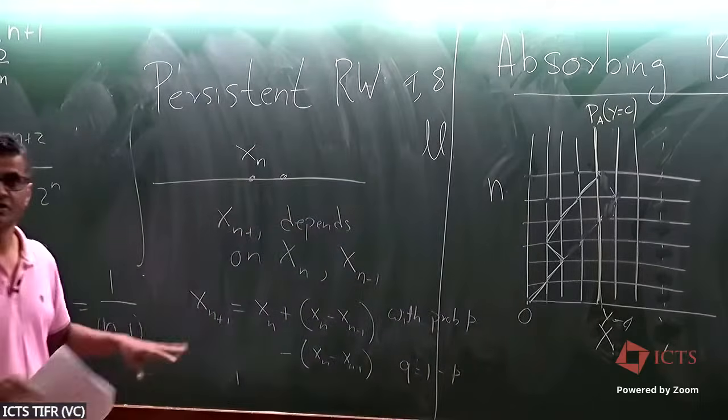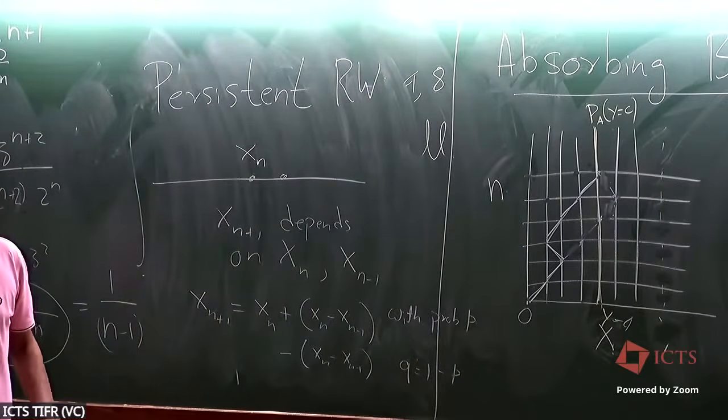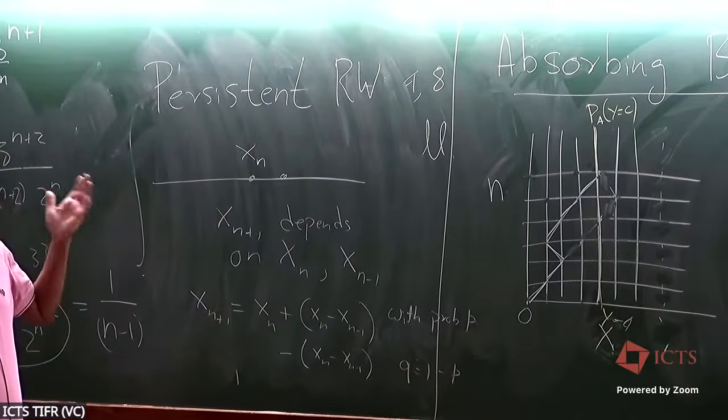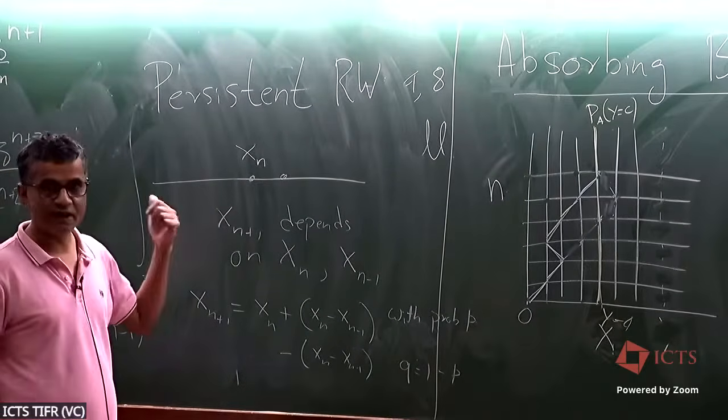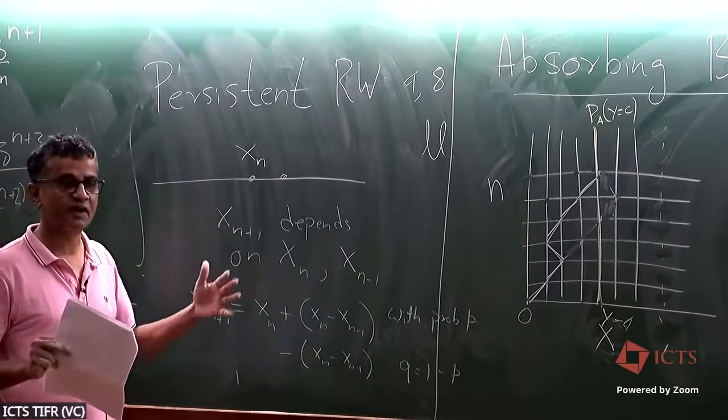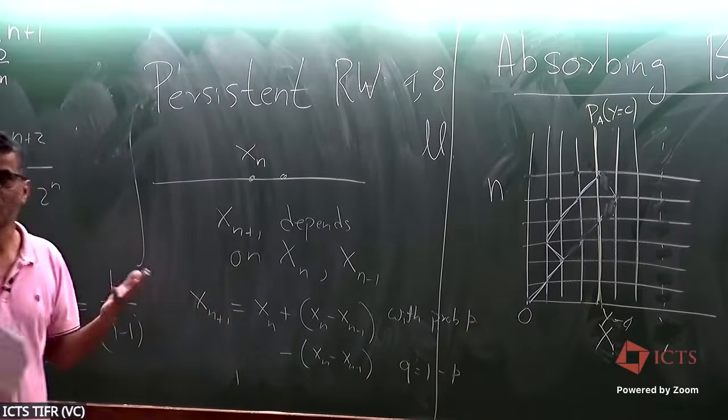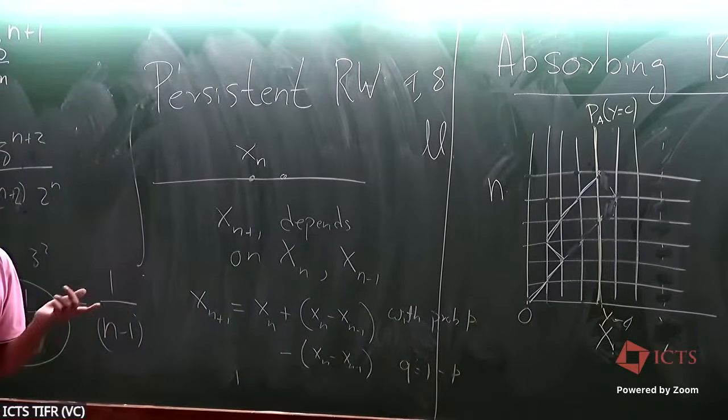So this is a walk which has some memory, but you can easily make it a Markov process by defining a new variable. If it's a finite-step non-Markov process, you can always convert it into a Markov process.